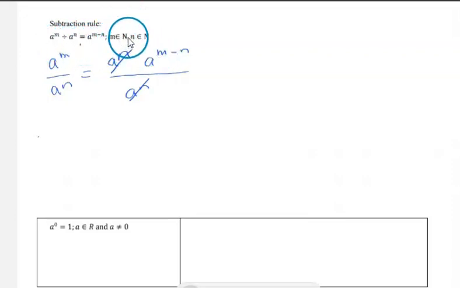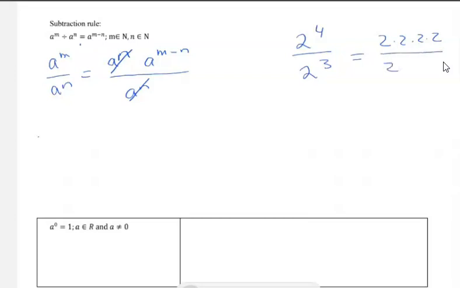And in this case, we just considered integers. Remember, the integers are 1, 2, 3, 4, etc. So it is positive whole numbers. If I look at an example, we can have, for instance, 2 to the 4 divided by 2 to the 3. That will give me 2 times 2 times 2 times 2 divided by 2 times 2 times 2. And we know we can divide this.